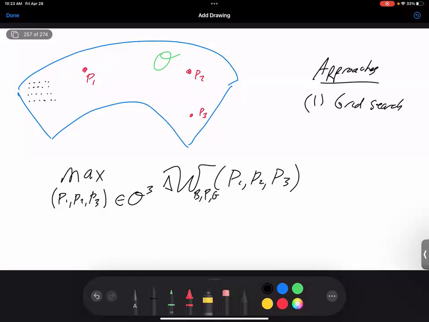But here is one possible way of trying to solve the problem. We can do a grid search. Is everybody comfortable with trying to do this with a grid search? All you do now is you just have your computer whirl away. It's not that hard to program. The difficulty is that, unfortunately, it could just take a long time.